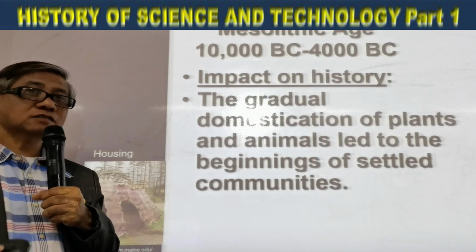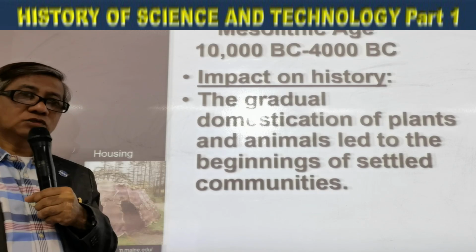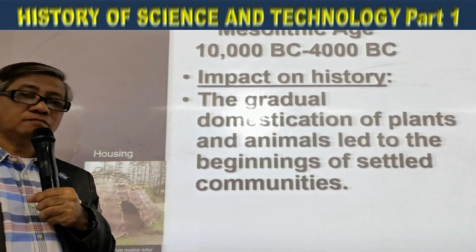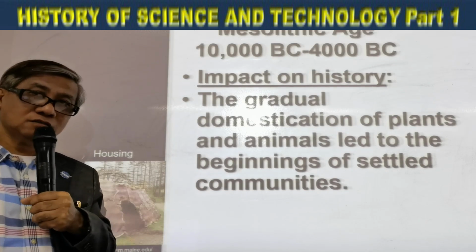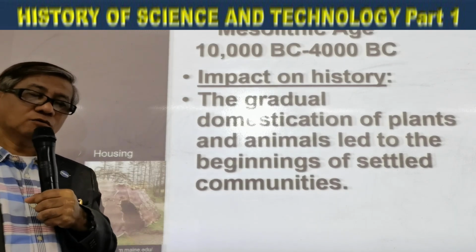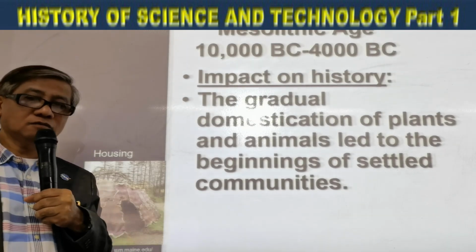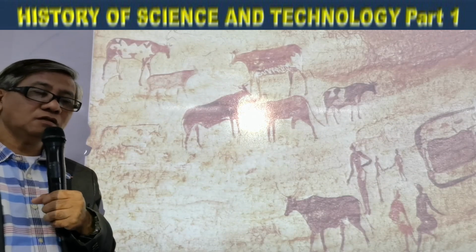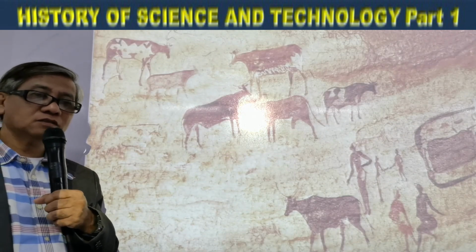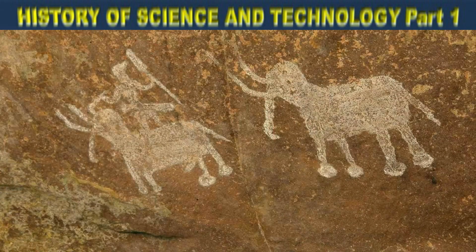Alright, so this led to more settled communities. So because of that, dumami sila, and this led to what? An increase in population. Their communities became larger. Siguro naging villages na rin yun, no? Right? And again, they needed to document their food gathering activities, and they recorded that through their cave paintings, like this painting right here.